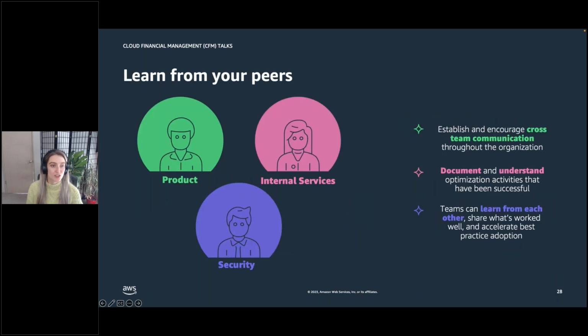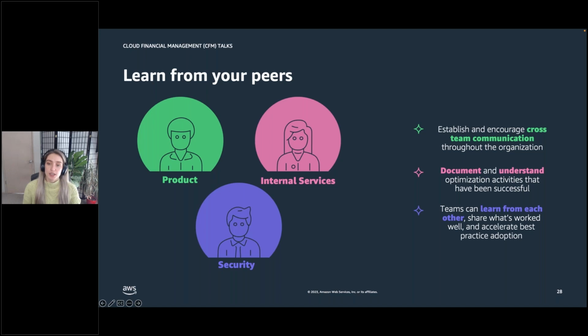Right. So the next one, and I think this is getting more common as companies scale on the cloud and establish a larger cloud footprint, is remembering that learning from your peers is incredibly important. Oftentimes, depending on business structures or if a company has gone through any mergers, acquisitions, et cetera, we end up with silos that can be the antithesis of what we want when it comes to cross-team collaboration and learning from each other.